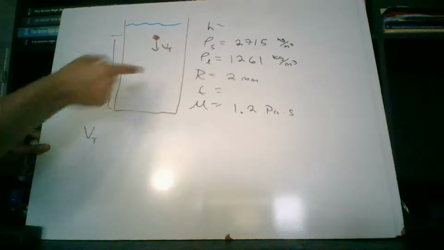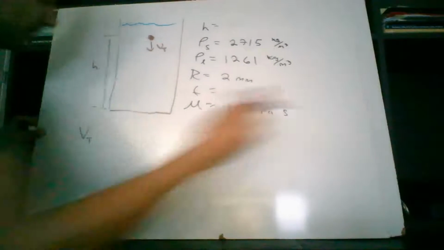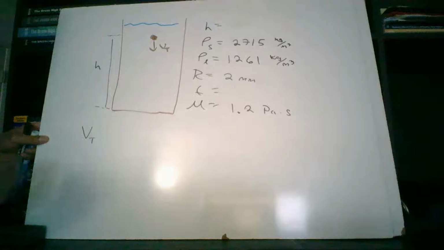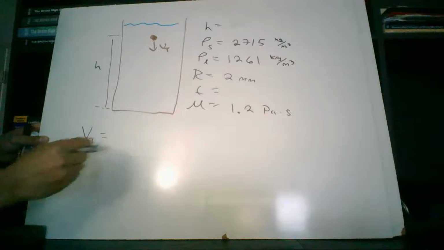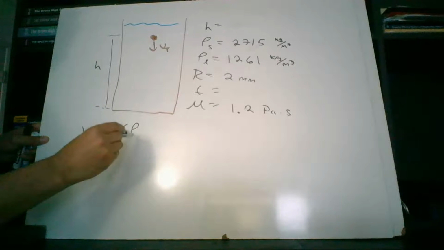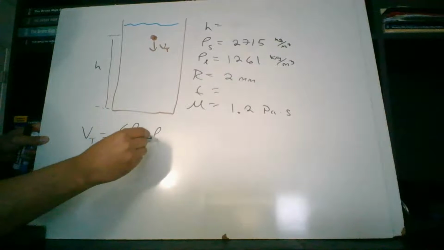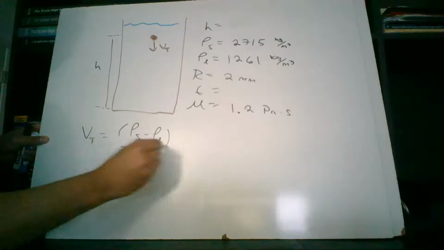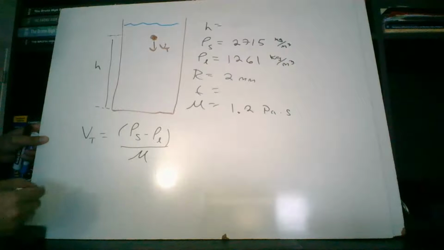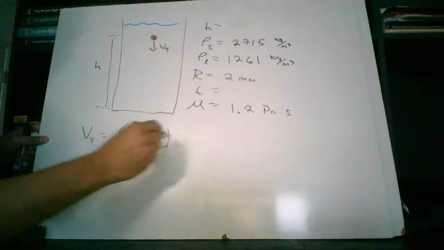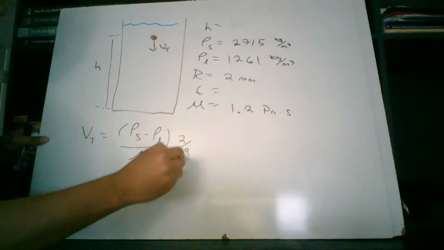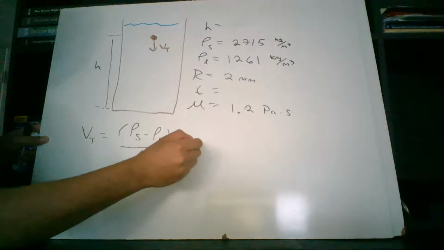We just have to rewrite the equation I had before, which I probably erased. Good on me. So V terminal is going to equal the density of the solid minus the density of the liquid, divided by the coefficient of viscosity, times 2 over 9, multiplied by g multiplied by r squared.